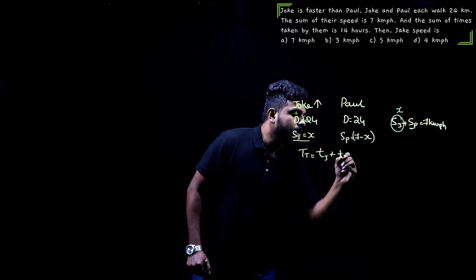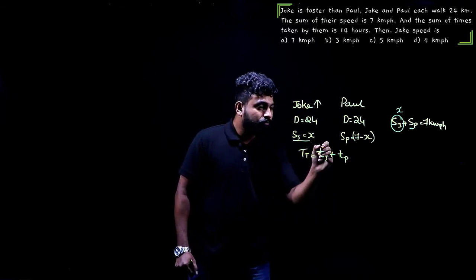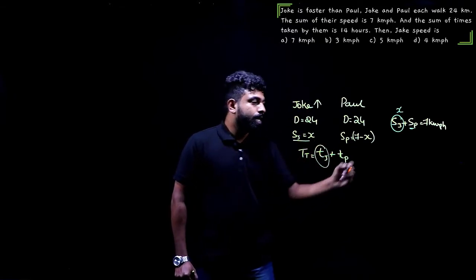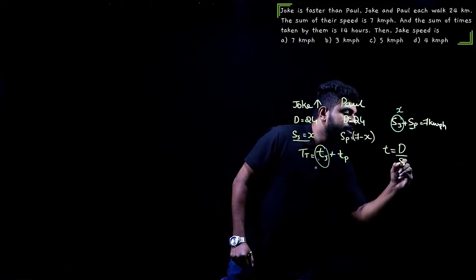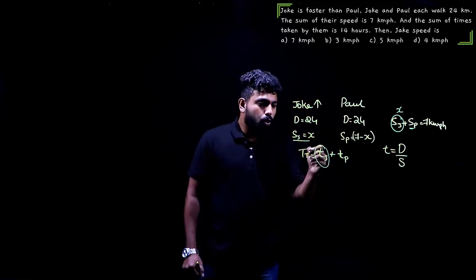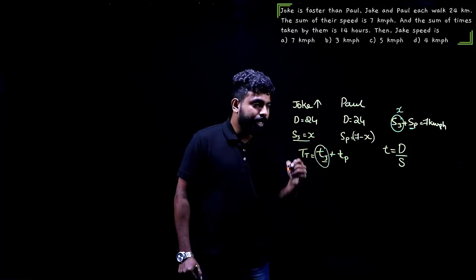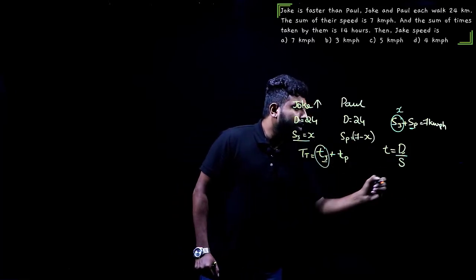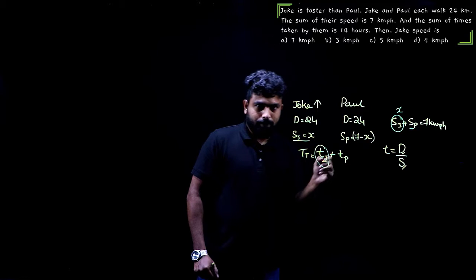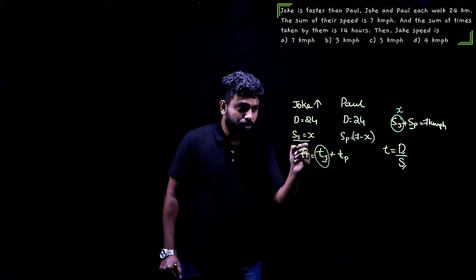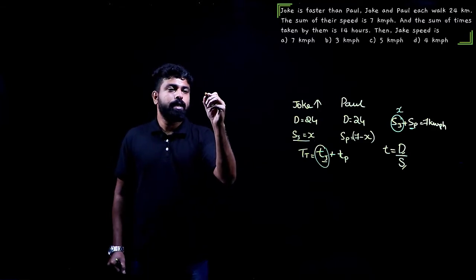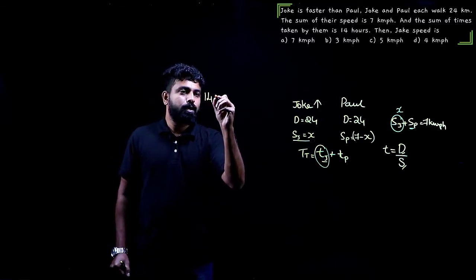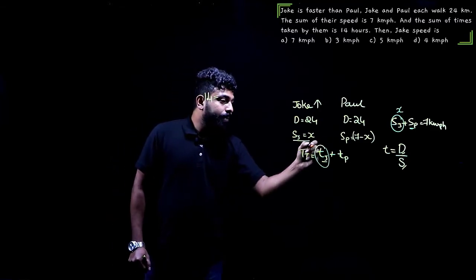by Paul. What is the formula for time here? Time is equal to distance upon speed. So if I have to know the time taken by Joke, it will be distance covered by Joke with the speed of Joke. So what will be the total time here? Total time is given as 14 hours. So my total time here will be 14 hours, which would be equal to time taken by Joke.